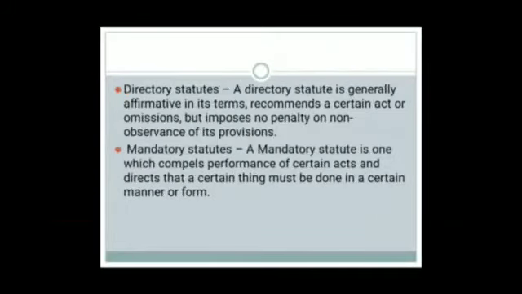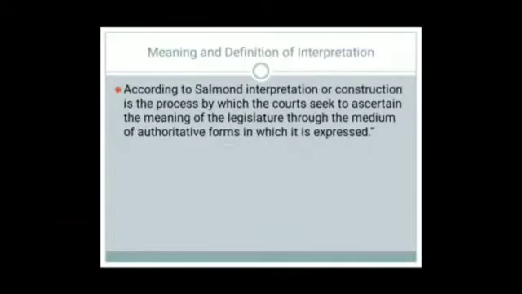Moving on to the meaning and definition of interpretation. What does Salmond say about the interpretation?